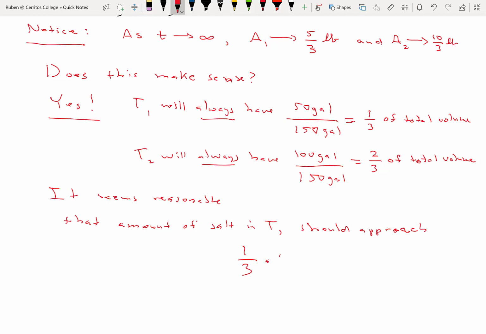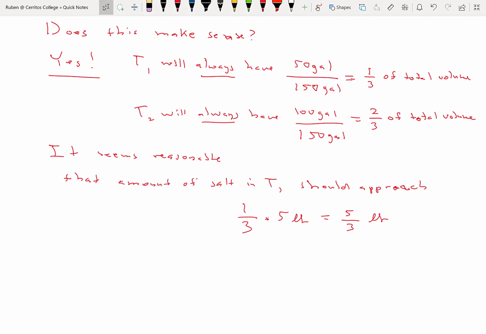There are only 5 pounds of salt total swishing around. So eventually the amount of salt in tank 1 should approach 1/3 of that 5 pounds, or 5/3 pounds.